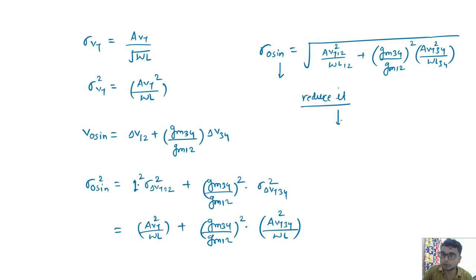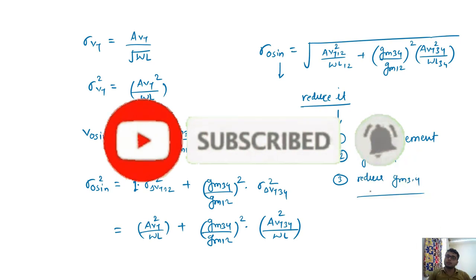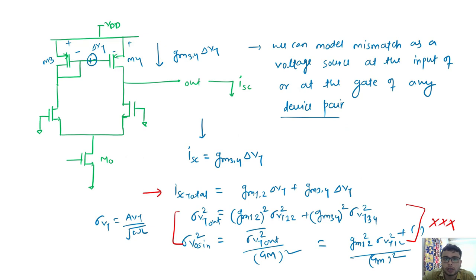How to reduce it? One choice is to increase the area. The second choice is that we can increase gm12 or reduce gm34. Okay, so these are a few ways we can do it. And I think nothing more is required in this offset analysis. So how did we proceed?